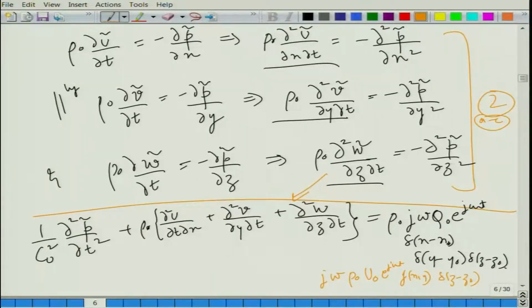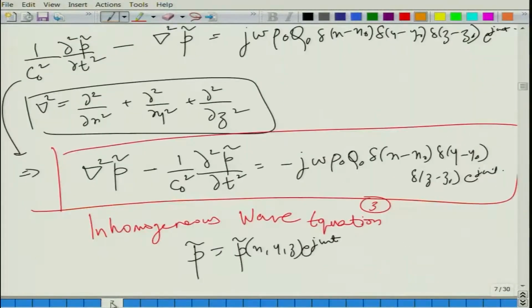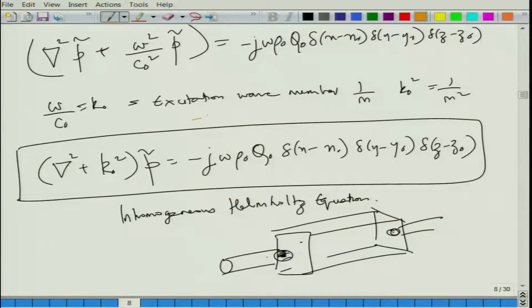Instead of this thing we will have this. So, finally, what do we get? Let us get to the equation. Instead of this thing we will have j omega rho naught u f of x y Dirac delta z of z naught. Okay. So, this is your piston driven model representation.